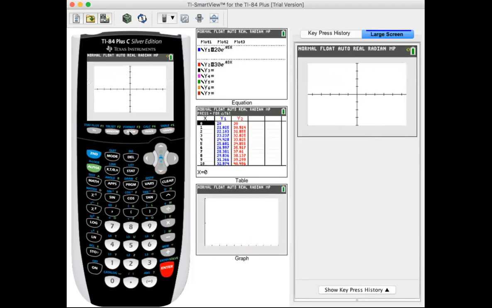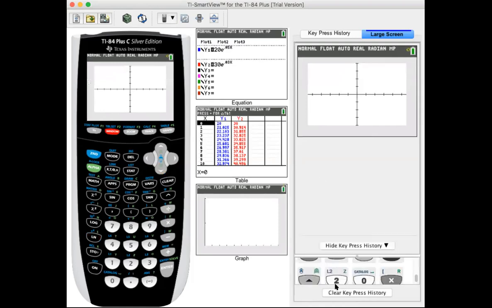No, that was zoom trig. I don't know why this is taking so long.